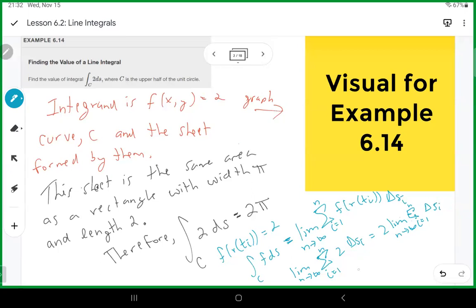And that's going to be 2 times the length of C, which is just 2 pi. All right, and then you'll see the visual.